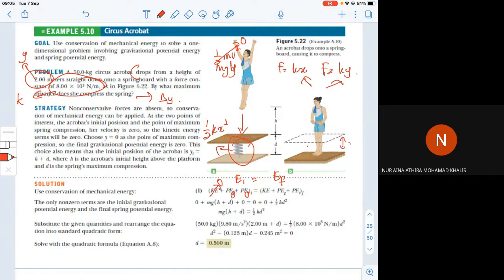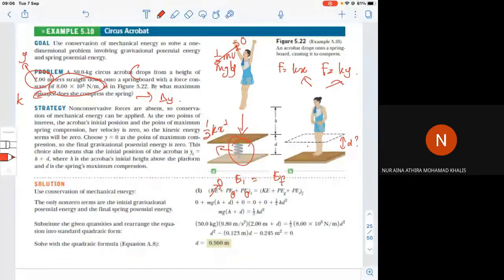So we want to know what is d, the displacement of the spring, or in this case we want to find what is Y. Not Y the height, but the elongation of the spring when the girl steps on the way down to land.